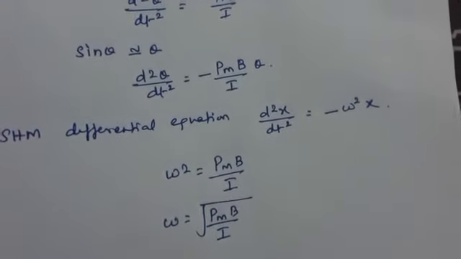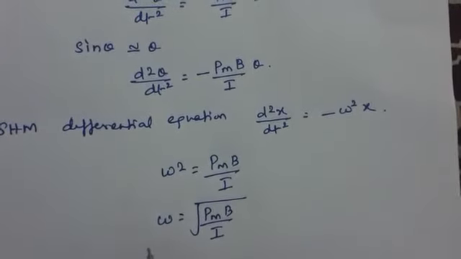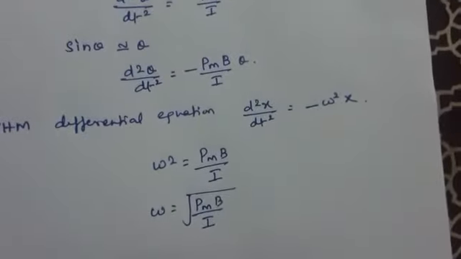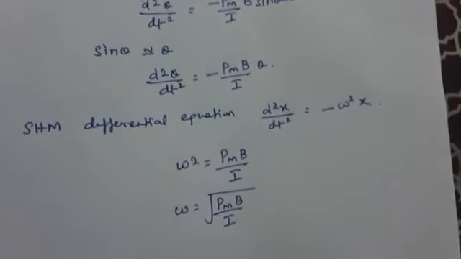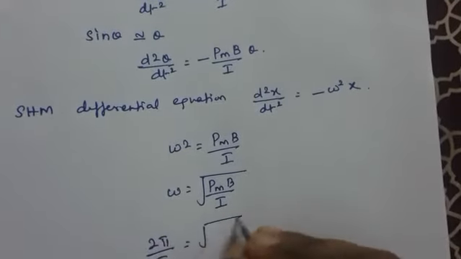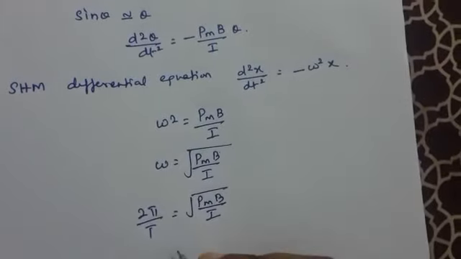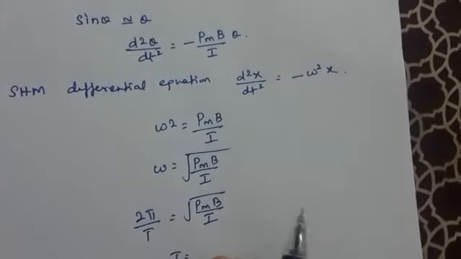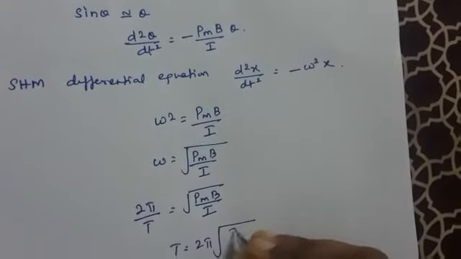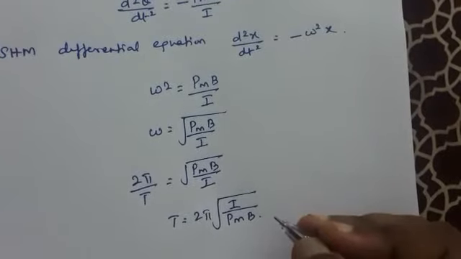Now what is omega? Omega is equal to 2 pi by T. So, 2 pi by T is equal to root of PMB by I. Now T is equal to what you will get? 2 pi into root of I by PMB.